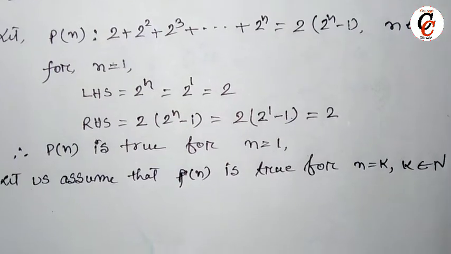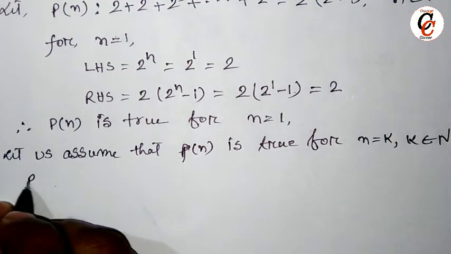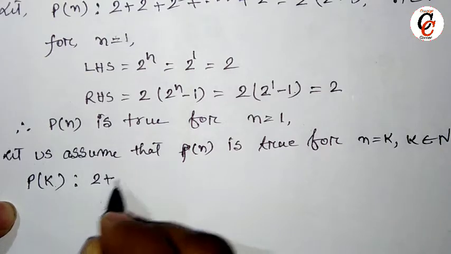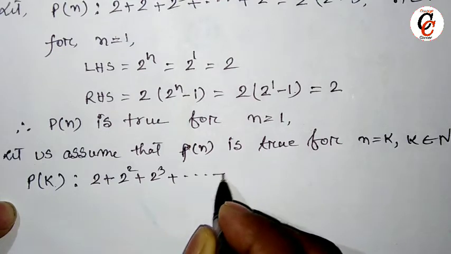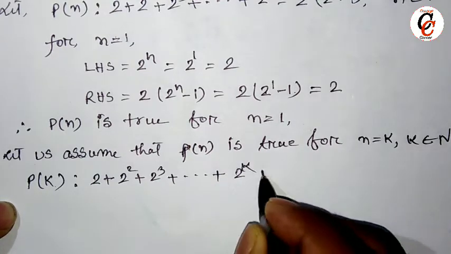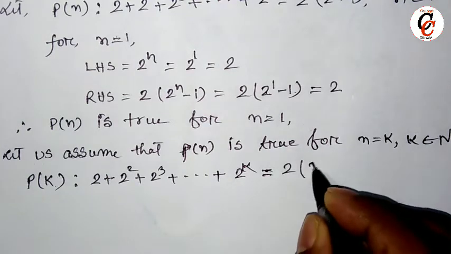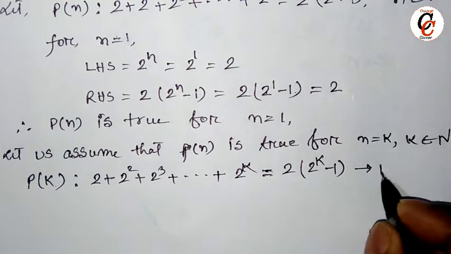K is some natural number. So when we assume true for n equal to k, we put the value k: Pk is 2 plus 2 square plus 2 cube plus up to 2 to the power k, here n is replaced by k, equal to 2 into (2 to the power k minus 1). You can call this equation 1.